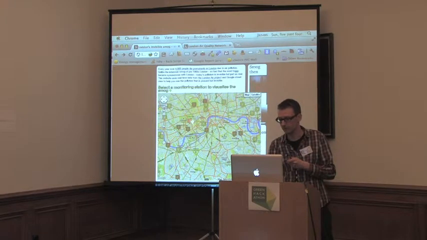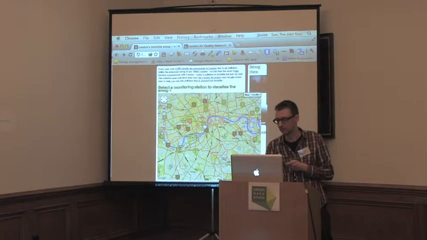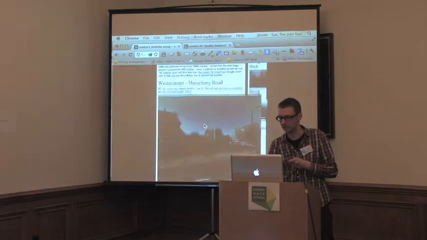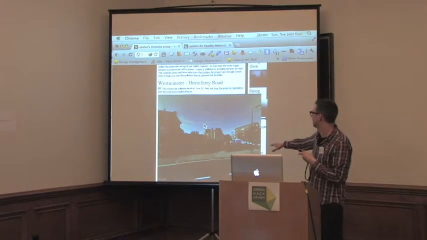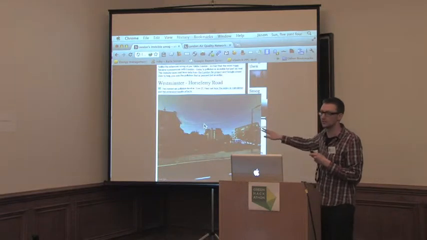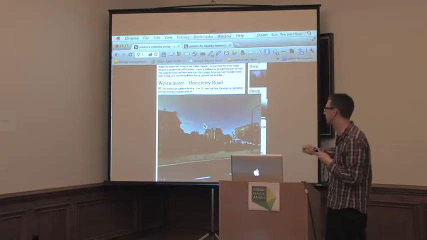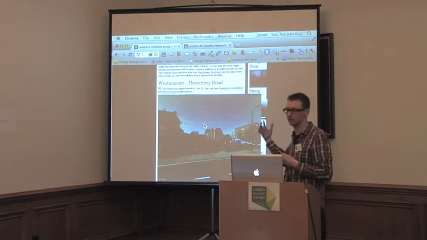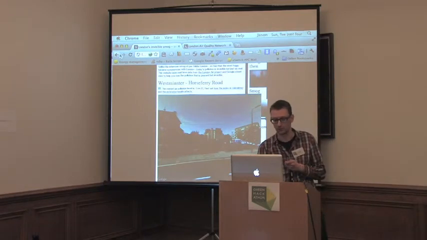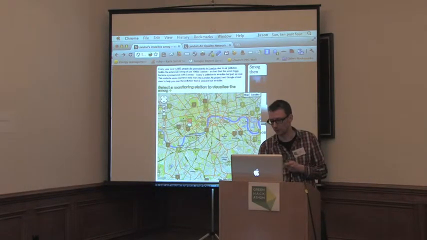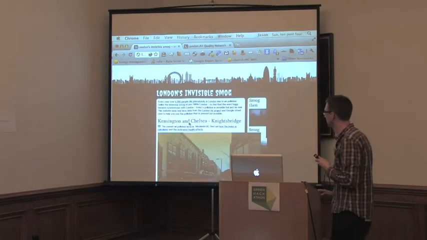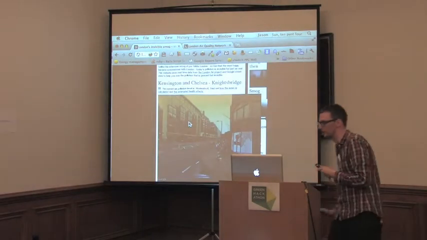So what I've done here is I've got all the monitoring stations on, and if you click on the points, this might be a bit hard to see in this display, but if you look on your computer, you'll see there's a very faint green tinge over this picture, to visualize what that low level of pollution would look like. But if you go to a more polluted point, this one here, you'll see it's starting to look pretty horrible.